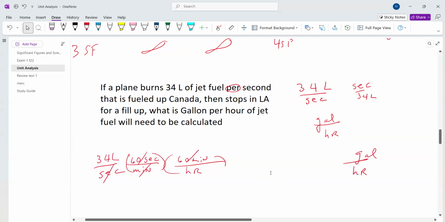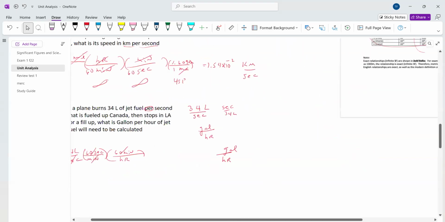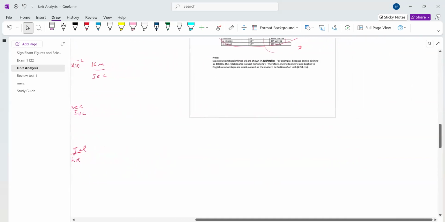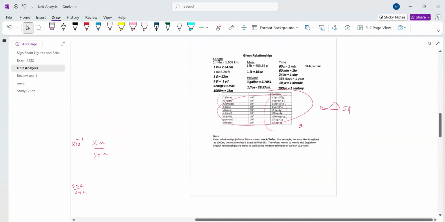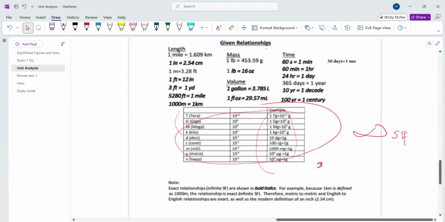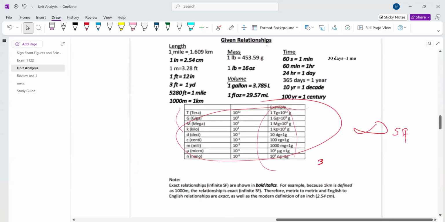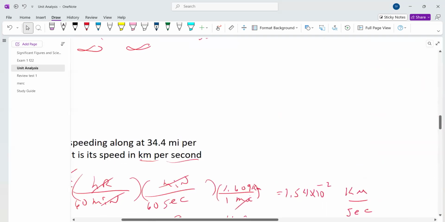Okay, now we need to figure out going from liters to gallons. So let's look at our conversions over here. Okay, we've got a liter to gallon conversion. It's boldface, meaning it's by definition infinite significant figures. Okay, 3.785. We're going to remember that.